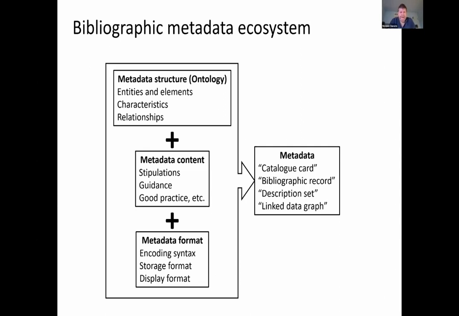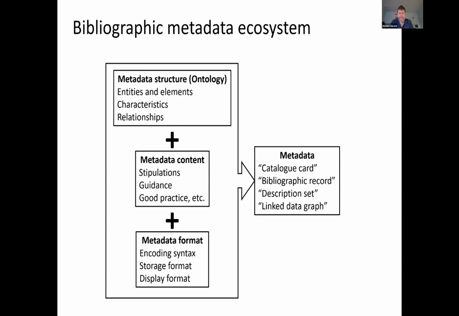So the bibliographic metadata ecosystem, this is a schematic diagram of it. It doesn't matter what kind of metadata you are creating. If it's to be effective, it could be a catalog card, a traditional bibliographic record, or indeed a linked data graph. But no matter what kind of packaging you're doing, you need to account for the structure of the metadata.